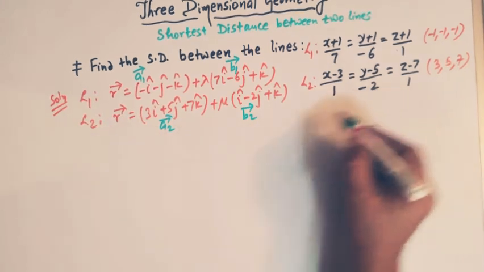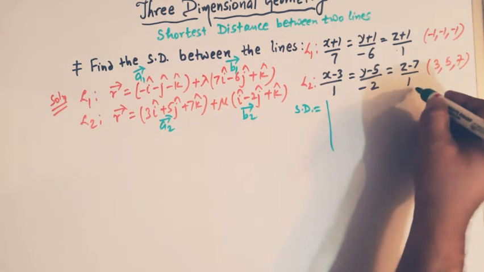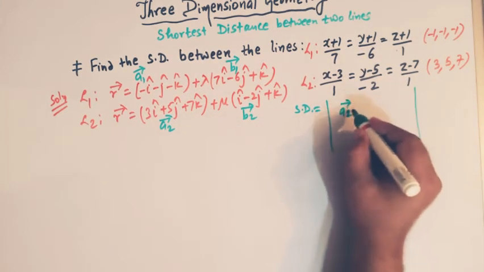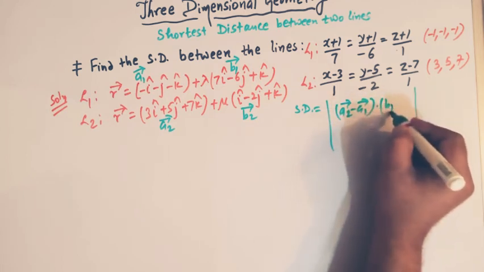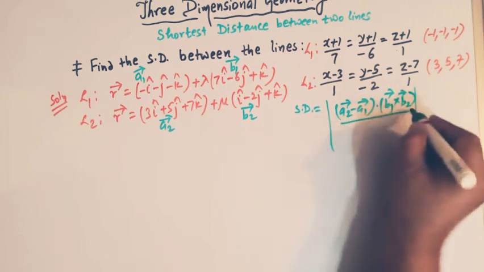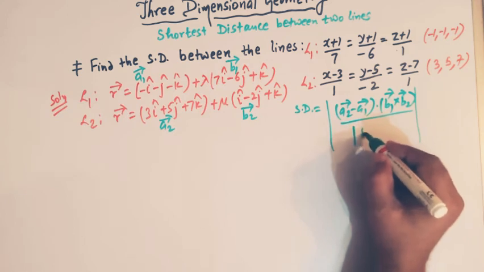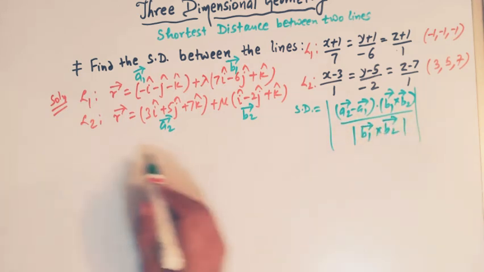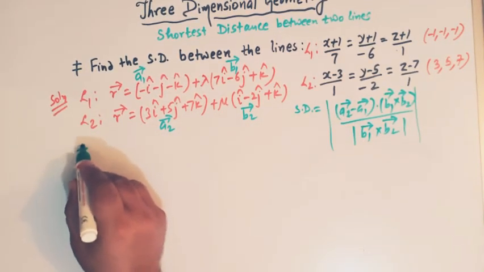And we know that the formula for finding the shortest distance between two lines is a2 minus a1 dot b1 cross b2, divided by the magnitude of b1 cross b2. Now let us first find a2 minus a1.